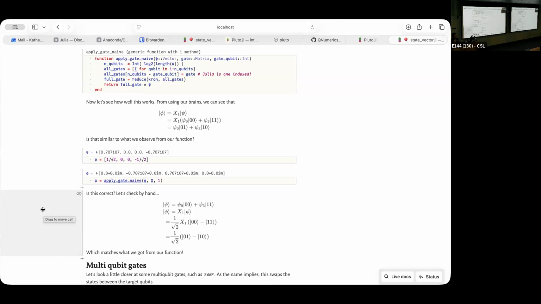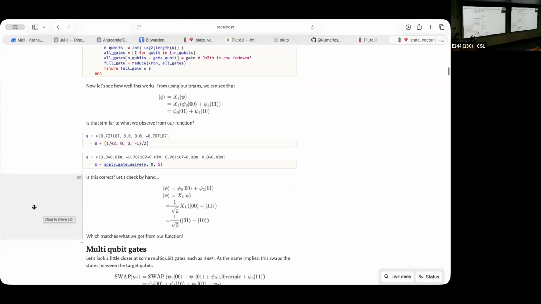I don't know why you would do that, but people apparently do. So you can choose whether or not to load in the linear algebra stuff. And SparseArrays is also its own standard library that you can pull in or not. If you don't need sparse functionality, you probably don't want all of this. And there's a bunch of other standard libraries like that. But yes, kron is available in LinearAlgebra, and it just implements the Kronecker product for you.